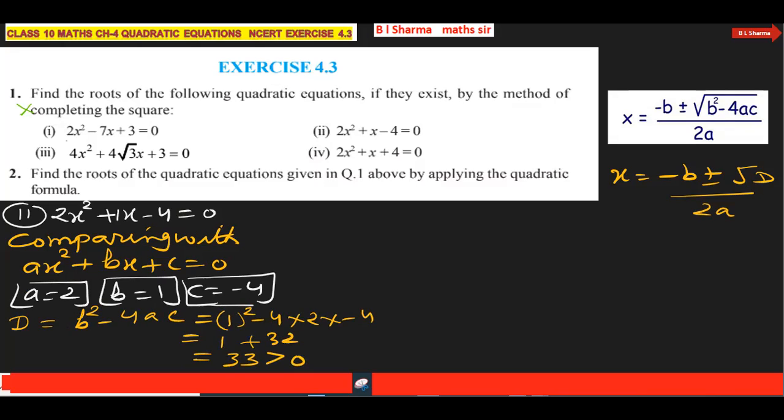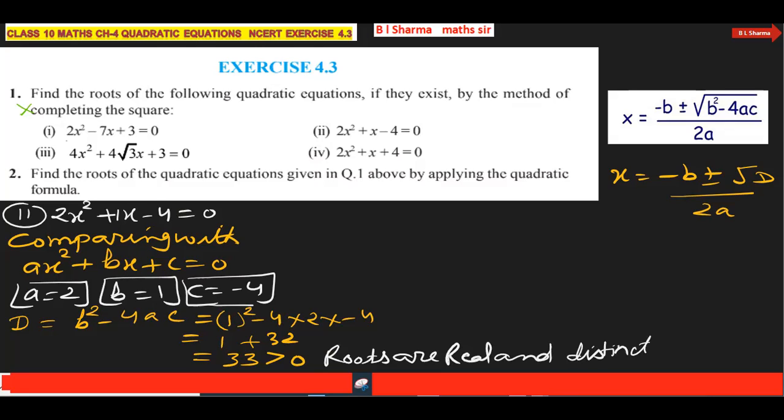Therefore, since the discriminant is greater than 0, roots are real and distinct. जो इनके रूट्स हैं वो रियल हैं और डिफरेंट है। डिस्टिंक्ट मीन्स डिफरेंट.